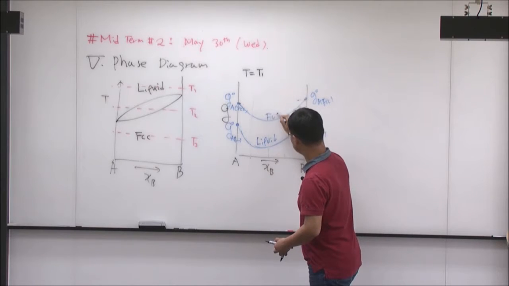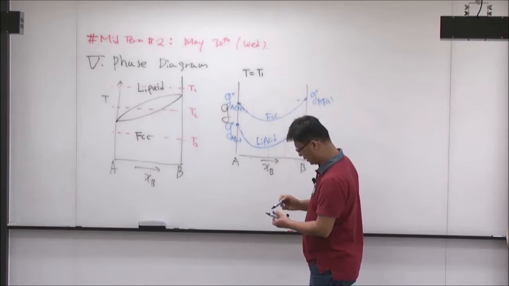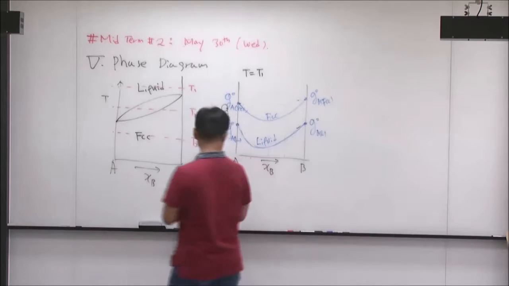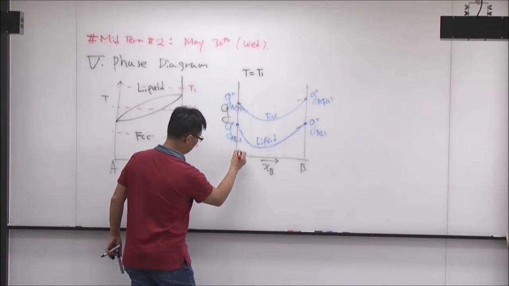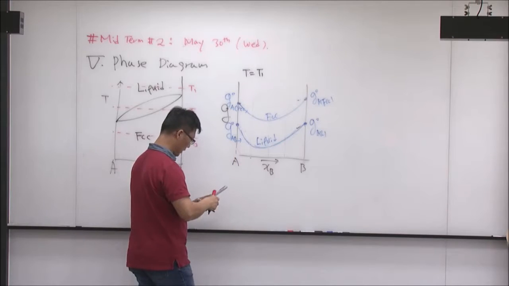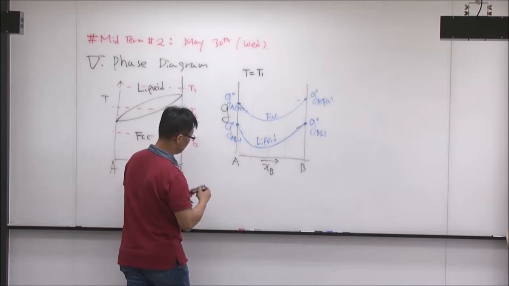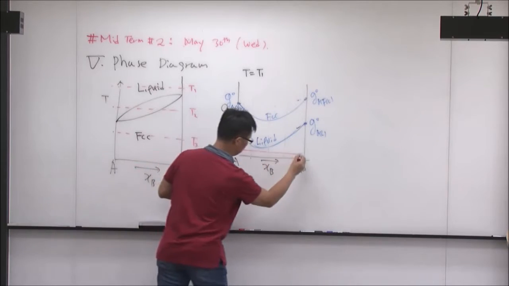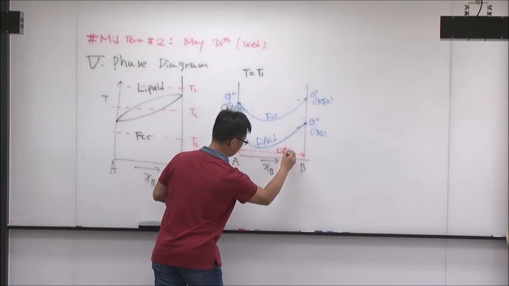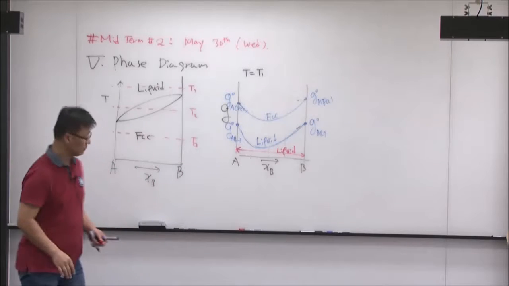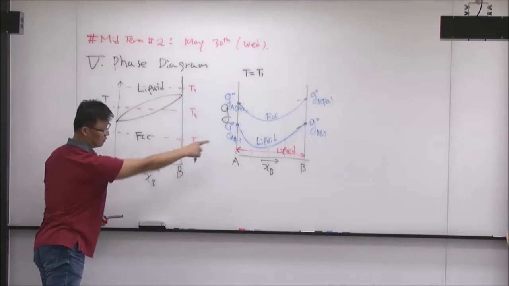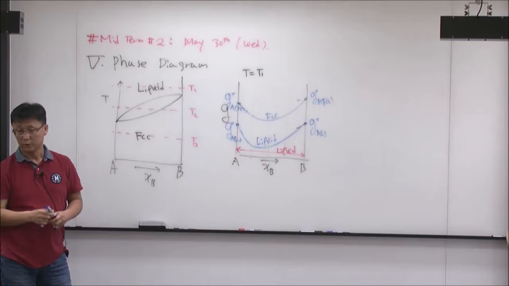This is the FCC solution. So in the end, in the entire range here, if I mark what kind of phase can be formed, then you can mark it this way. Okay. So in the entire range here, liquid is stable. Okay?